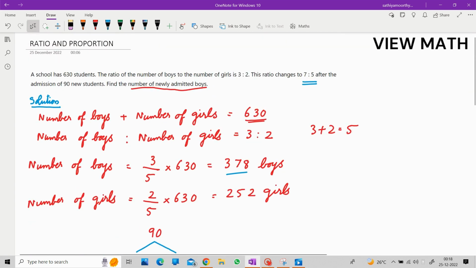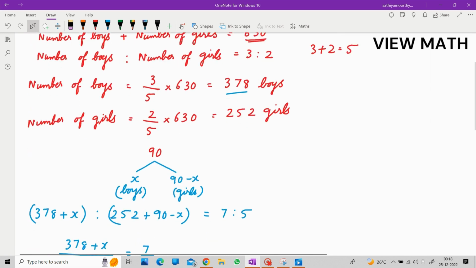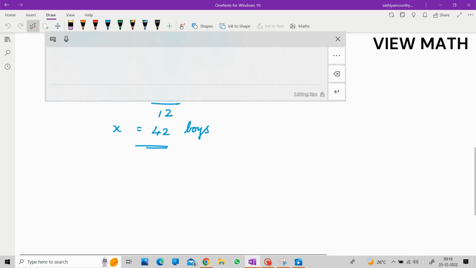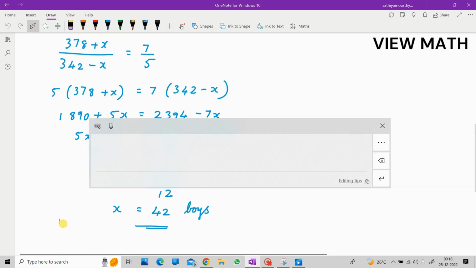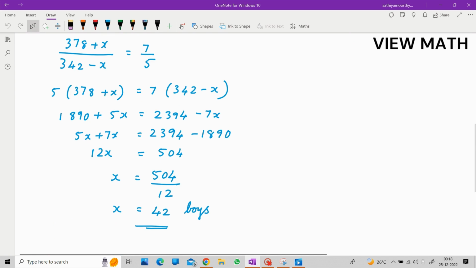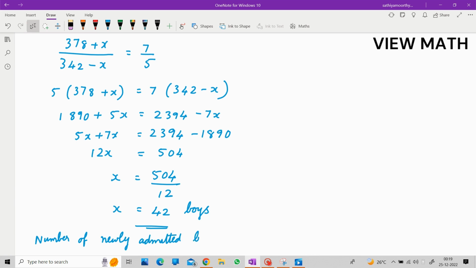The number of newly admitted boys is equal to 42.